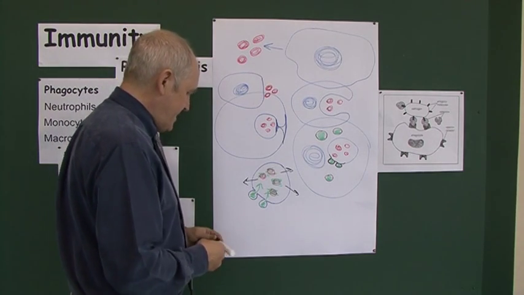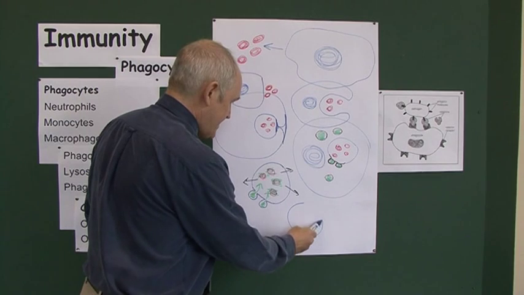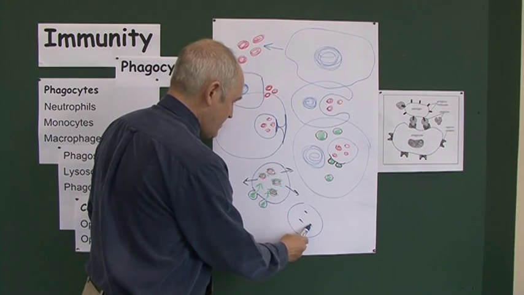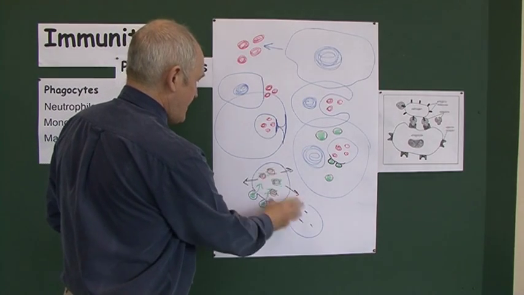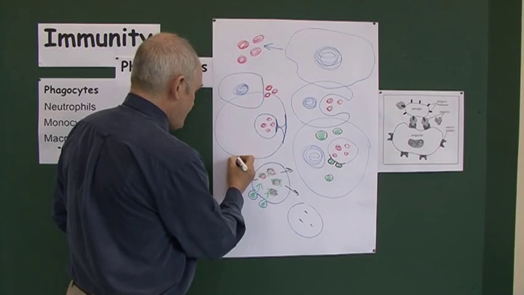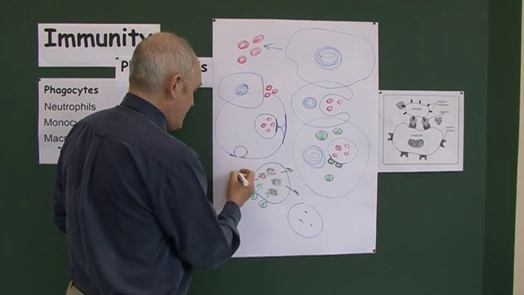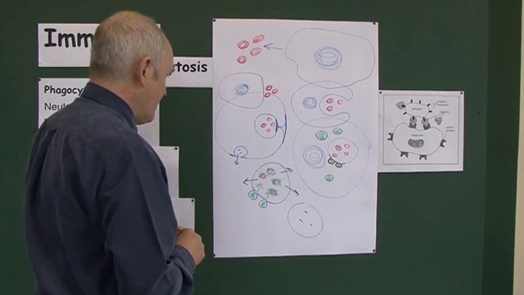Now when this process is finished, there are maybe a few little cell fragments left that are indigestible. So the phagosome, which is now combined with the lysosomes, moves towards the outer cell membrane, the membranes fuse, and the indigestible products can be ejected from the cell.